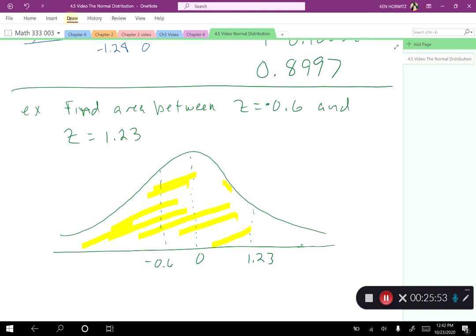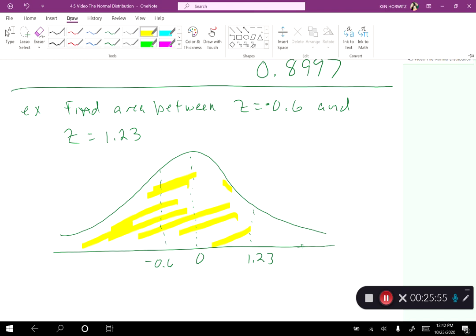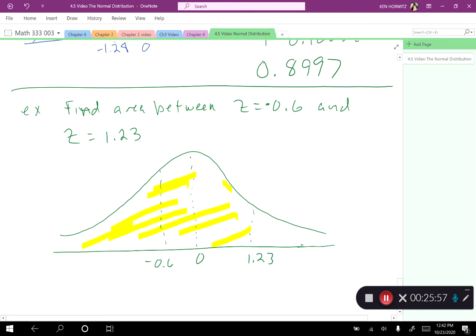All right, so my area to the left of z equals 1.23 is 0.8907.